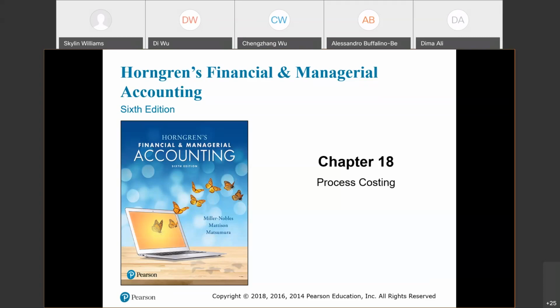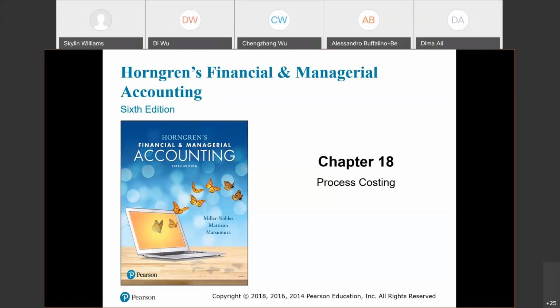Actually, there are two methods of handling process costing. They are weighted average and first in, first out, which is known as FIFO. But this chapter focuses on the weighted average method. The use of FIFO is out of the scope of this class, but you can learn FIFO in the appendix of this textbook.